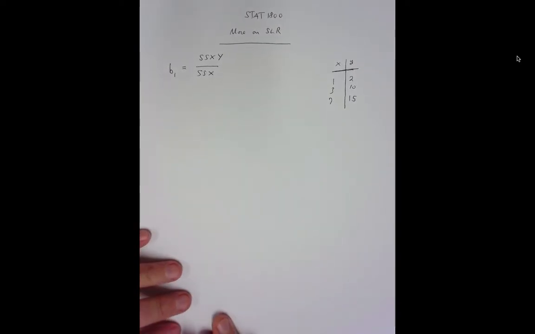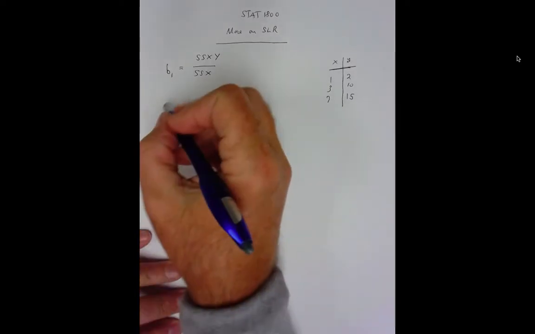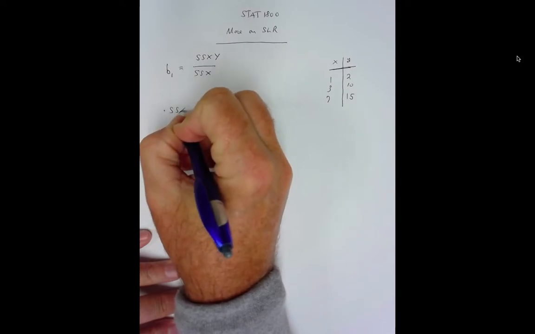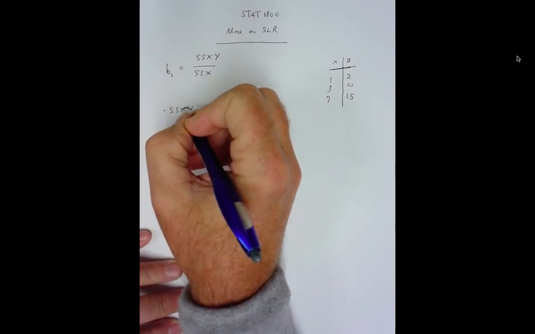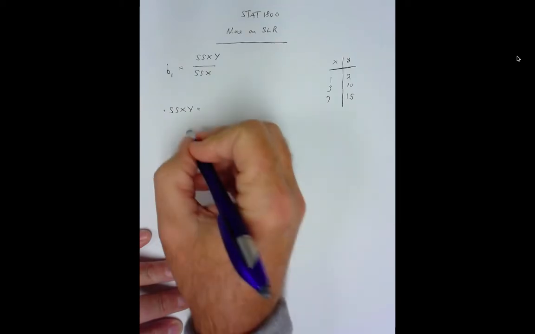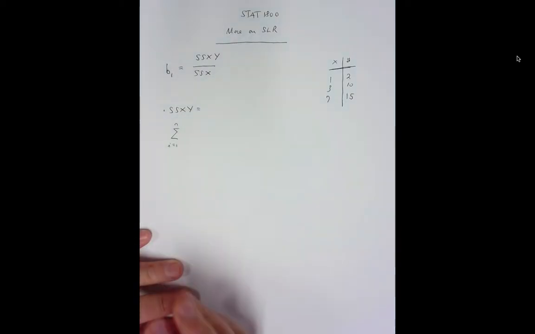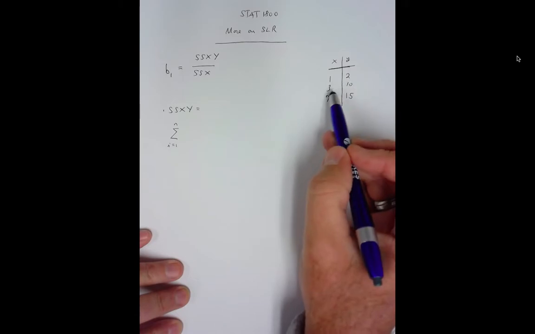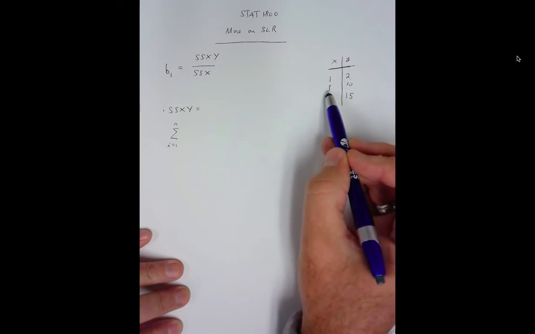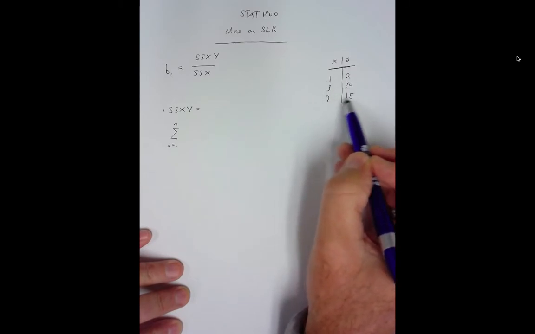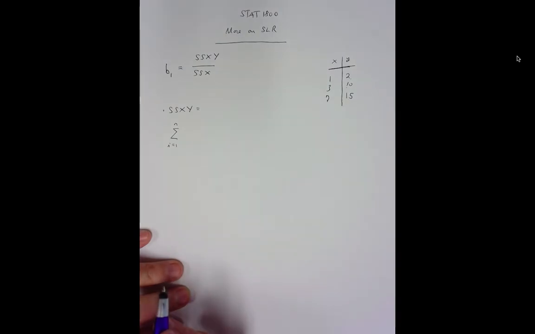But guys, the sum of squares between x and y can be found by taking the sum from i equal 1 to n. And n is just the number of measurements that we've collected. In this case, there'd be 3 measurements. We have 2 measurements on the first person, 2 on the second, and 2 on the third. So we have a sample size of 3.